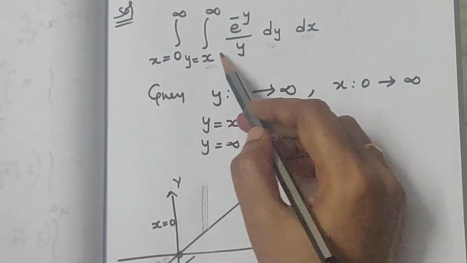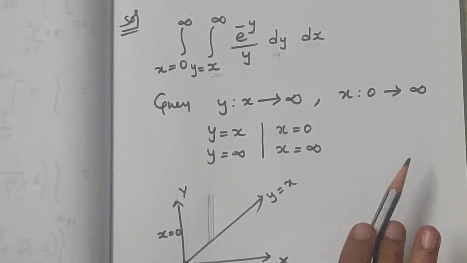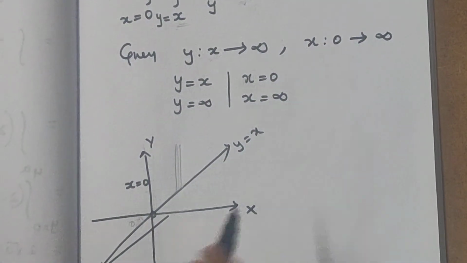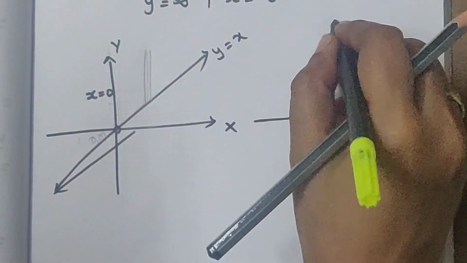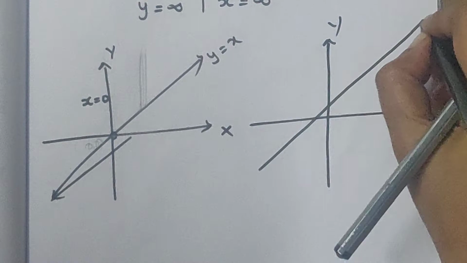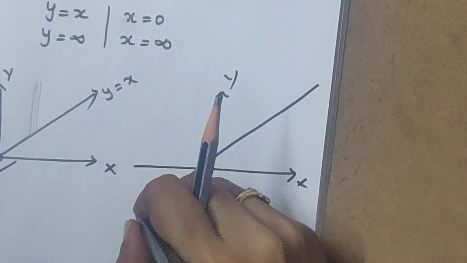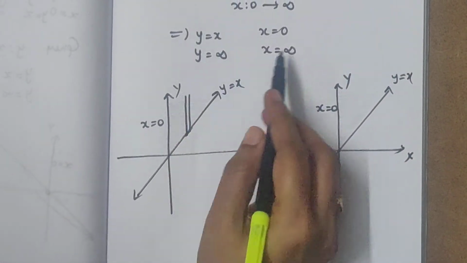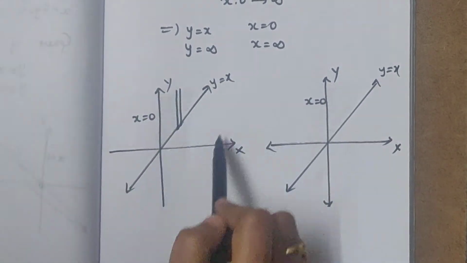After identifying that region, by taking a vertical strip, we got these limits. So this diagram interprets the given limits.